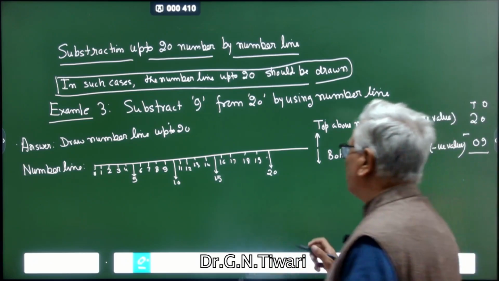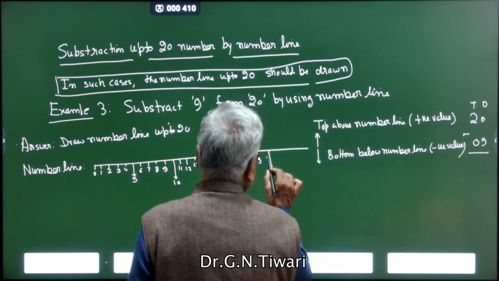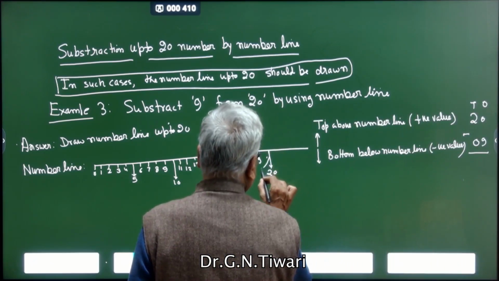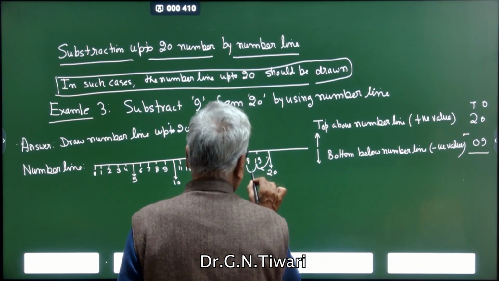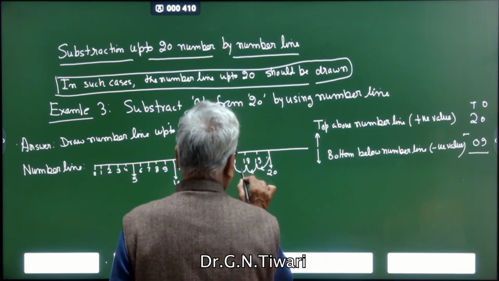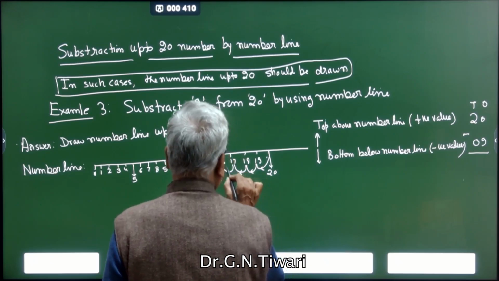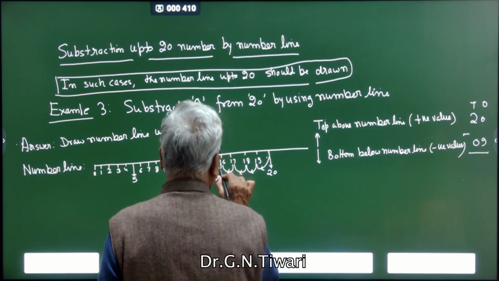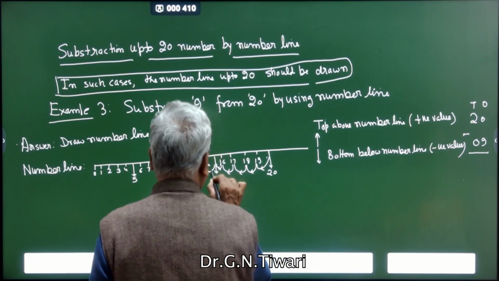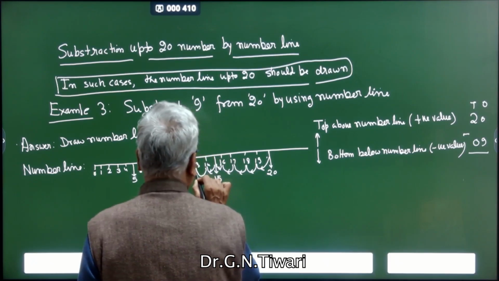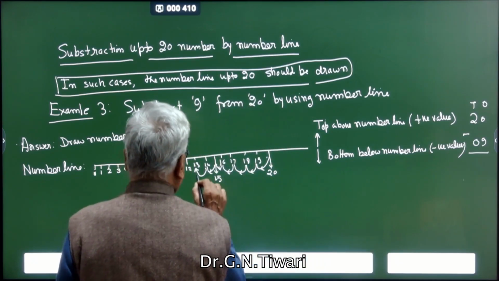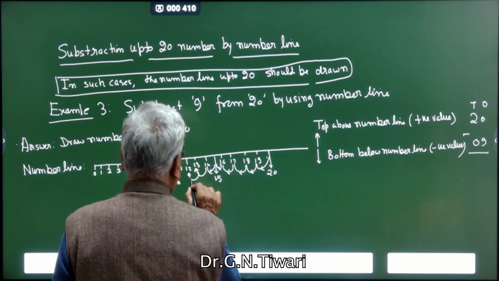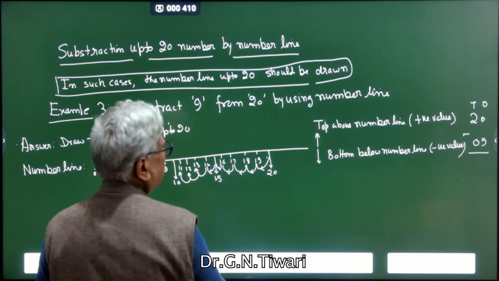So what you do, you can make just like this, this is the 1 arrow, this is the 2 arrow, 3 arrow, 4 arrow, 5 arrow, 6 arrow, 7 arrow, and you have to draw 9, then the 8 arrow and the 9 arrow.